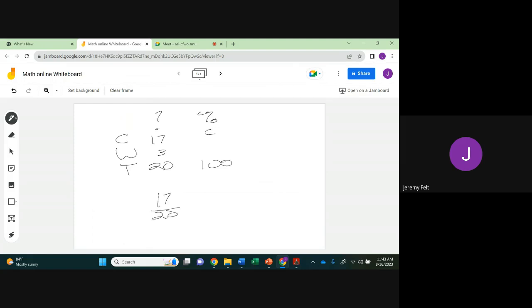Okay. And since 17 is in the numerator, we want C to be in the numerator. 20 is in the denominator, so we want 100 to be in the denominator. Cross multiply, I get 20C equals 1700. Divide by 20. So I do 1700 divided by 20, and that gives me 85.